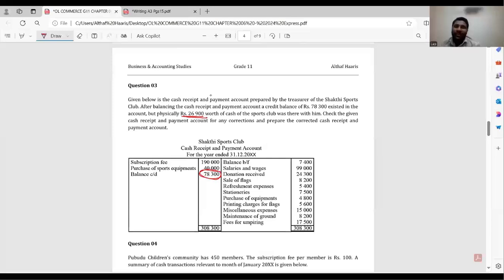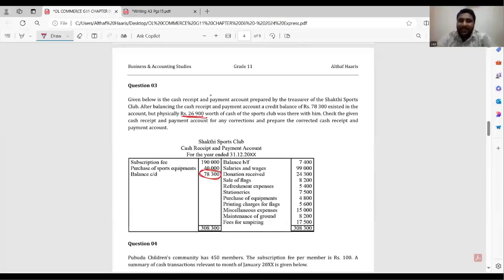Mismatch, no? There is a mismatch. Ideally, accounts and the physical cash should be the same, if the accounts are correct. Then probably what might have happened, your accountant or treasurer might have done some mistakes.